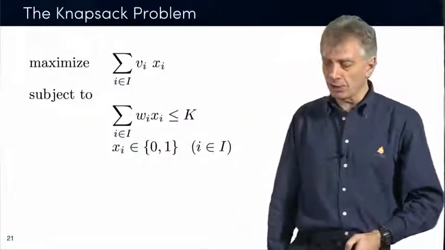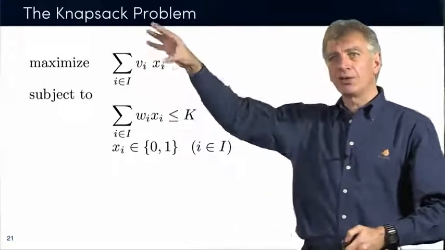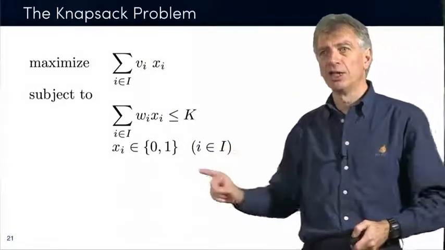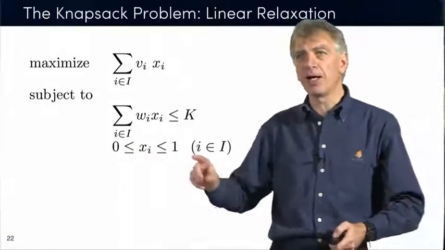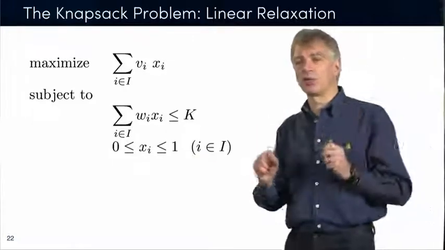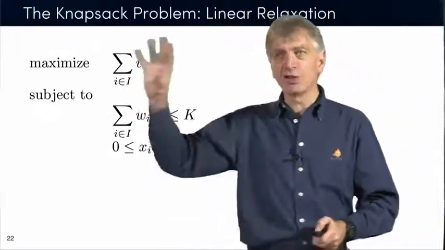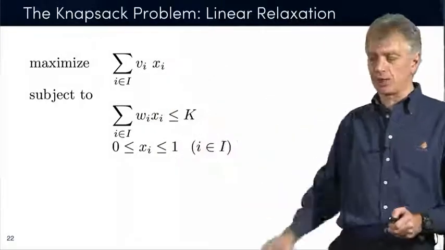So in the knapsack, this is basically the MIP model for the knapsack, and the relaxation is only looking at these 0, 1 that you see there, and replacing them by the fact that it doesn't have to take the value 0 or 1, it can take any value between 0 and 1. That's the linear relaxation. And we can do that for any MIP model, right? So we just remove these integrality constraints.